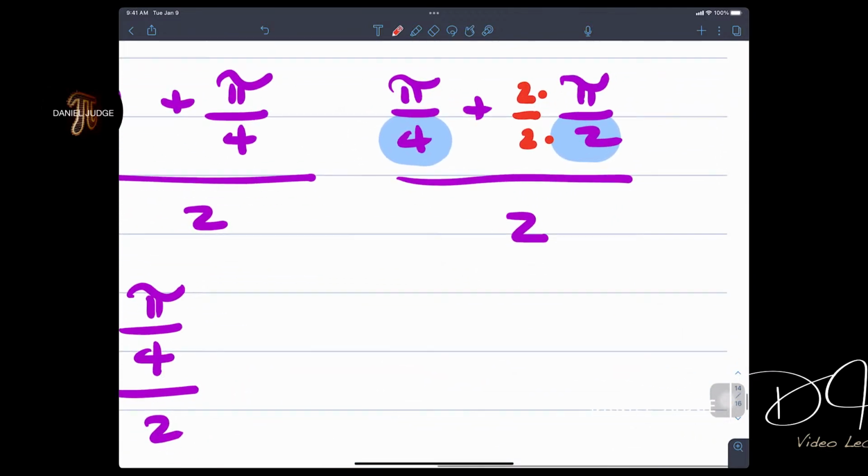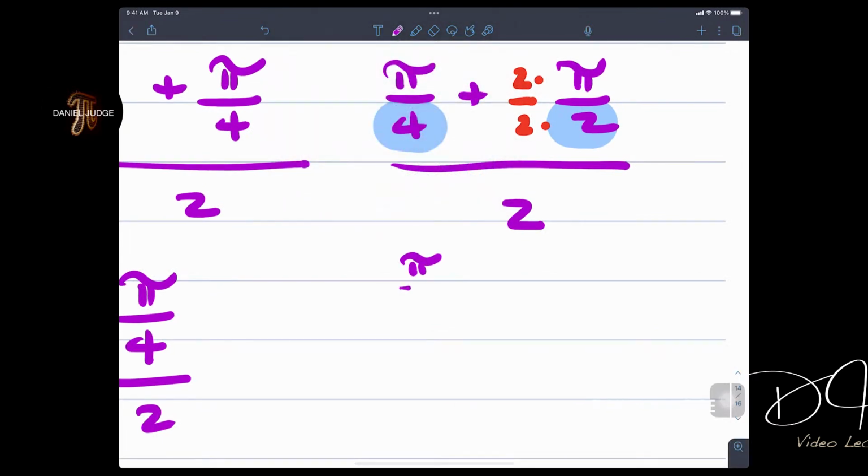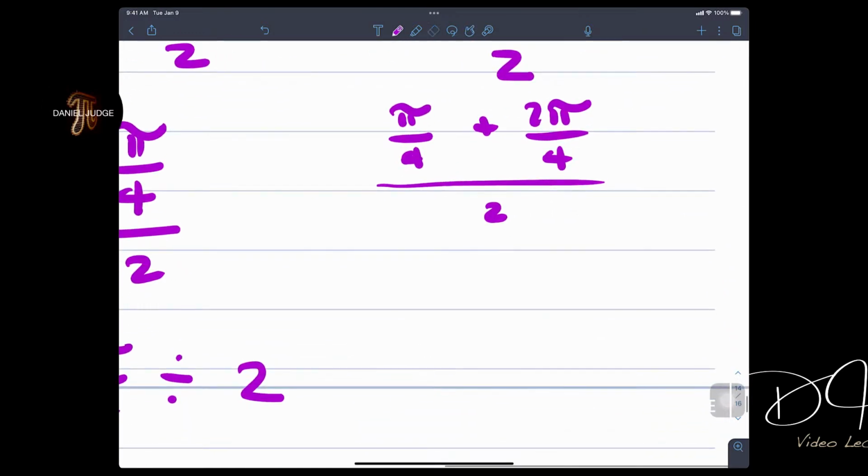Now, what's nice about this little shortcut trick is you get pi over 4 now, plus 2 pi over 4, and that's still divided by 2. Now you have the same denominator.